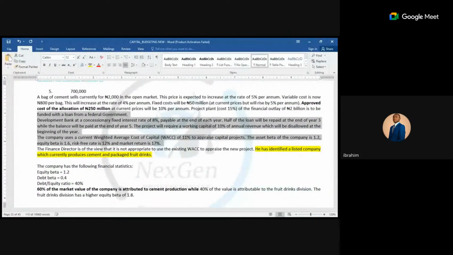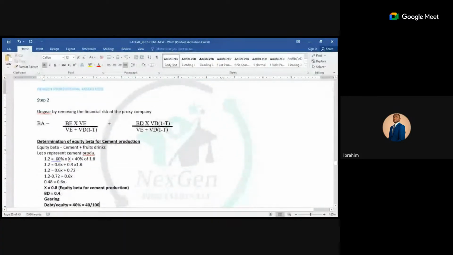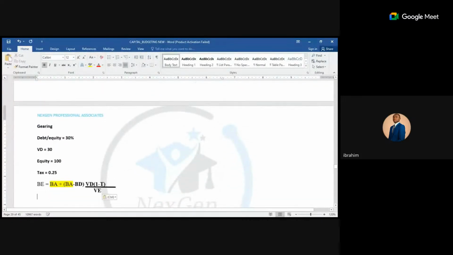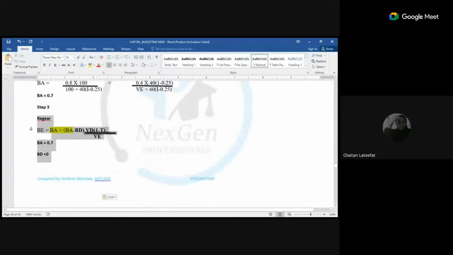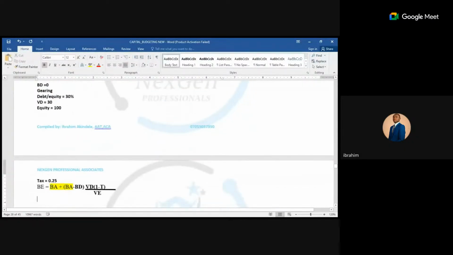Since the beta debt is not given, we can have the beta debt to be 0. So therefore, the asset beta is 0.7.